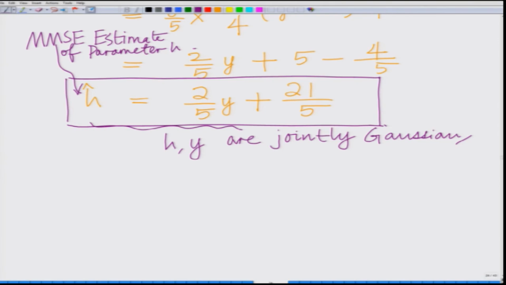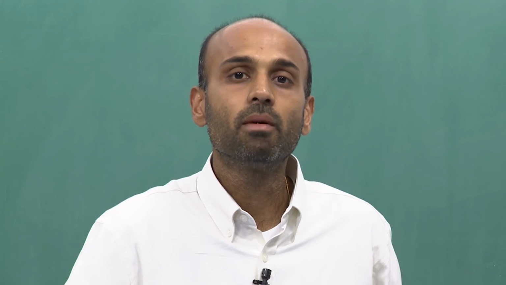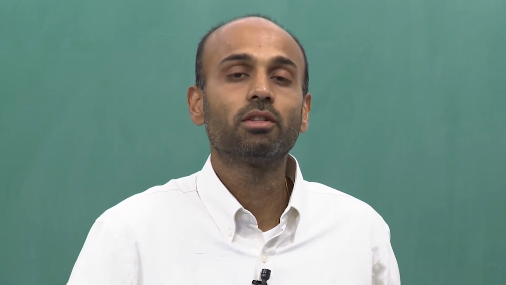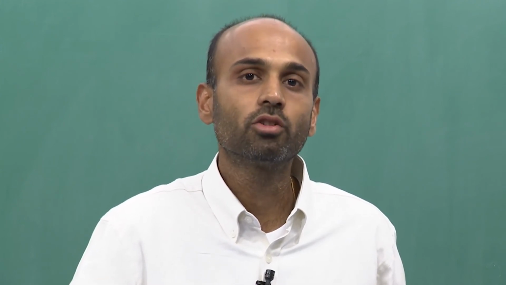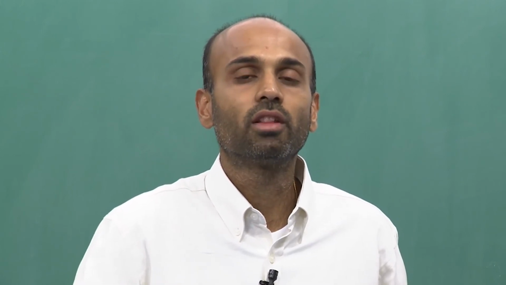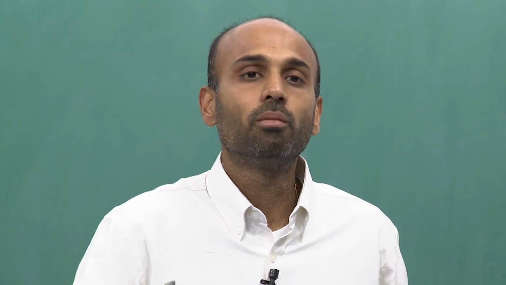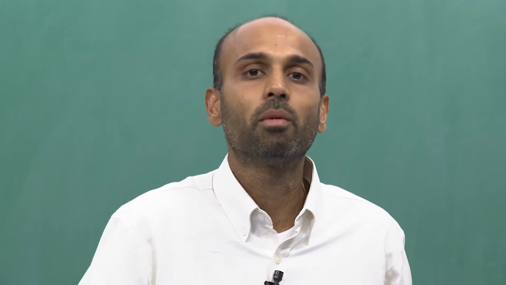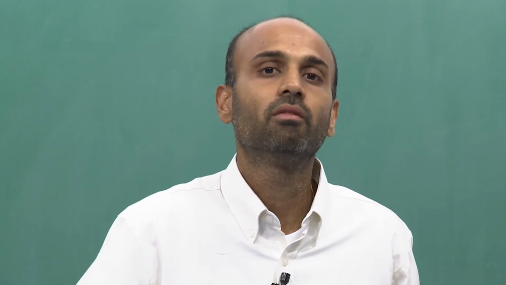This is known as the LMMSE estimate, that is the linear minimum mean squared error estimate. It is also valid when h and y are not jointly Gaussian, except with a slight change of the framework, or of the whole estimation paradigm. But anyway, we will come to that later. Right now, given h and y are jointly Gaussian non-zero mean, this is the optimal MMSE estimate of h given y. And this simple example clarifies this.